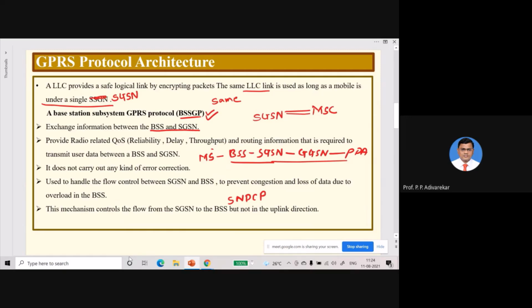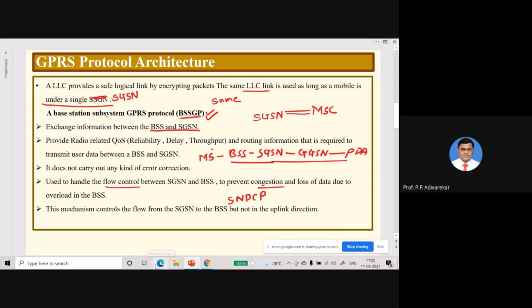Apart from that, BSSGP handles the flow control between SGSN and BSS, and also the congestion control, due to which there may be a loss of data at the BSS.